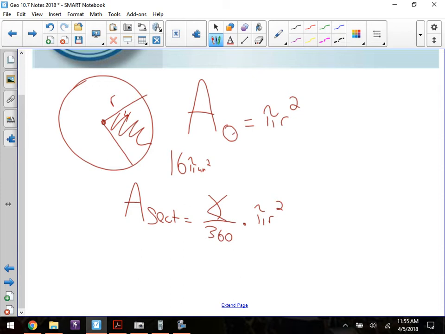So let's say we have a radius of 4. Let's say the central angle was 100 degrees, and I want to find the area of that sector. Well, what do you think you have to do? Yeah, it's literally plug and chug, guys.